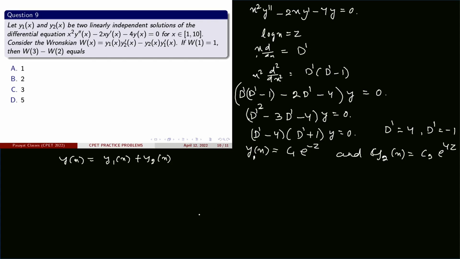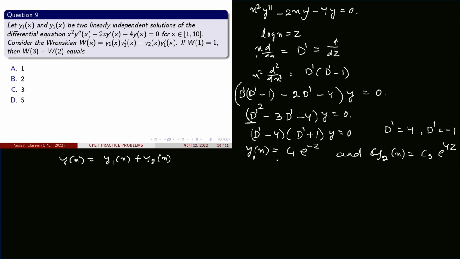Now here we have y1 of x is equal to c1 e to the power minus z, because we write log x is equal to z, and from this we can write x d by dx is equal to D dash, and the value of D dash is equal to d by dz. Clear? By substituting this, we can rewrite this differential equation in the form of this type of equation, and this is the auxiliary equation, and the roots are D dash is equal to 4 and D dash is equal to minus 1.